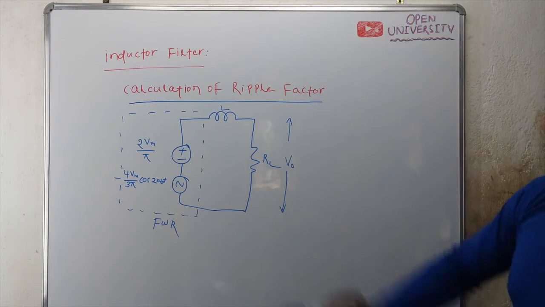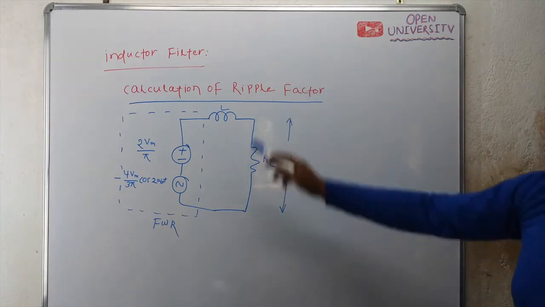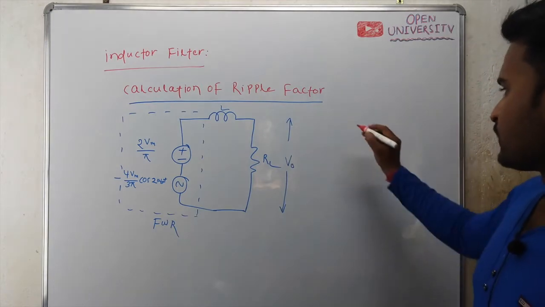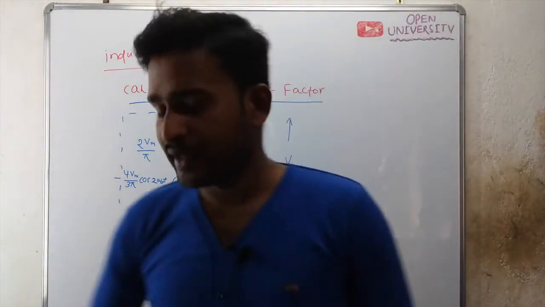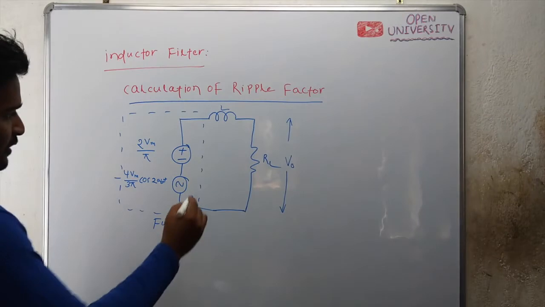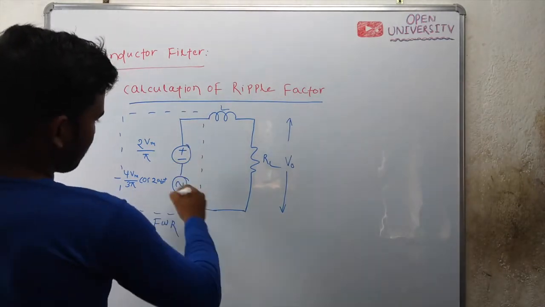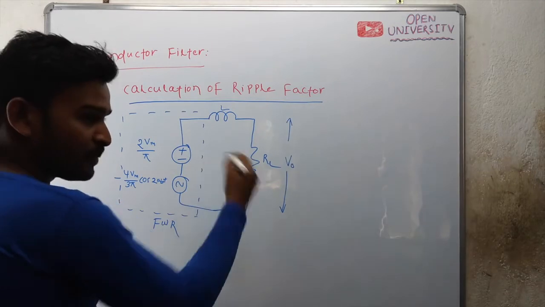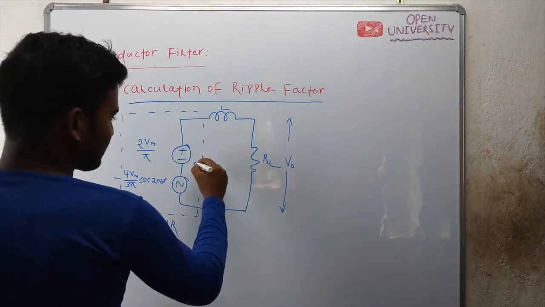Now my interest is to calculate the ripple factor. What will be the current? This is your rectifier. What will be the output? A combination of AC component and DC component.